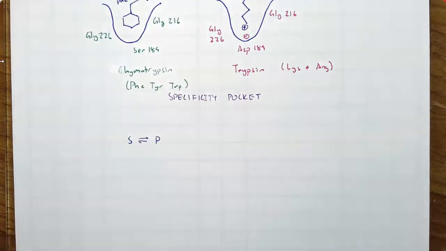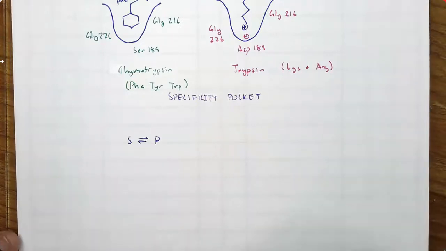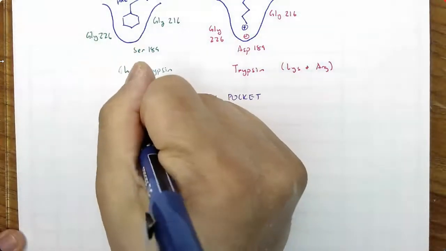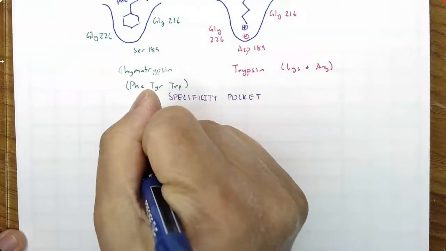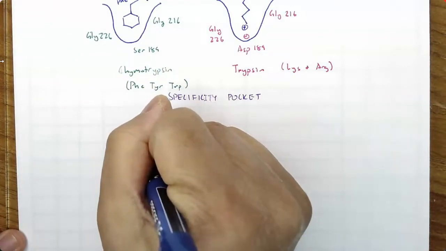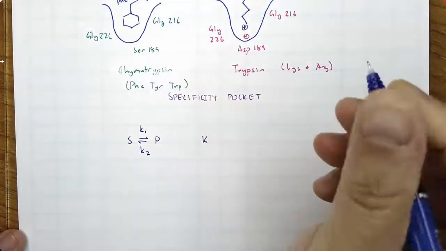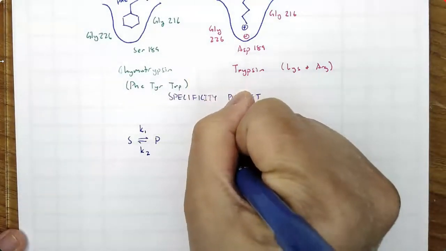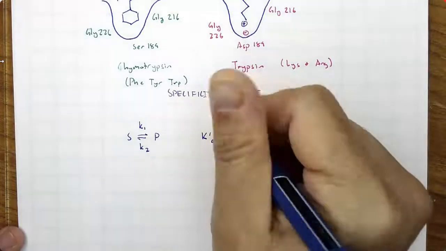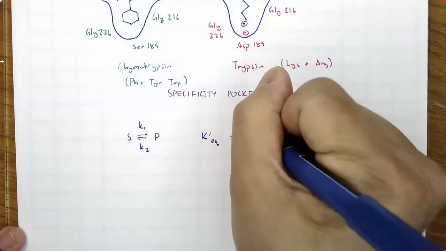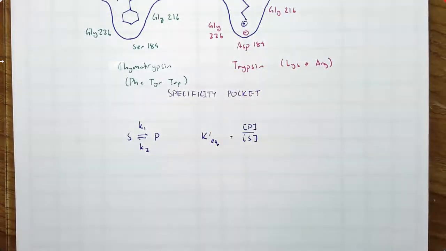At first we're not going to consider the enzyme, the E. And we have rate constants in the forward direction and in the reverse direction. And we also have an equilibrium constant, where it's products over reactants. Okay.